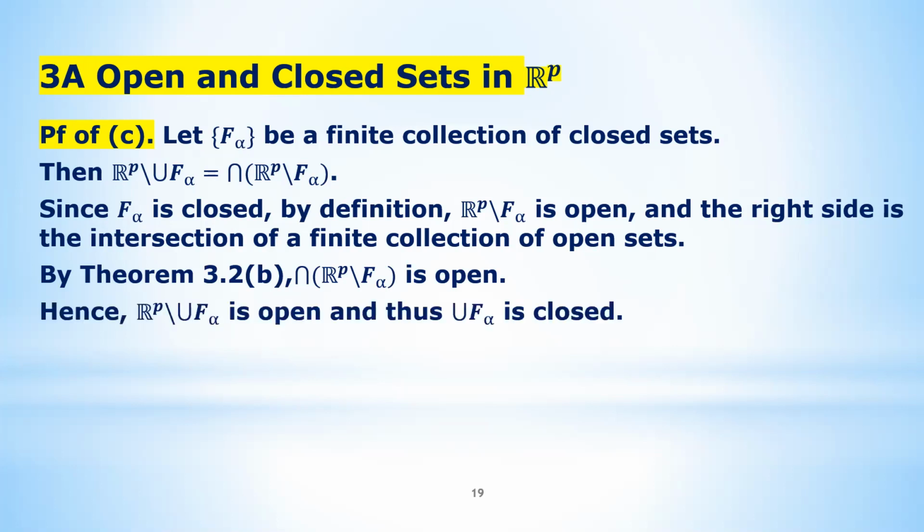So the left side is open. The left side is equal to the complement of the union, so this shows that the union is closed. The argument is based on this identity and the definition. This is the way we proved the closed set property. That's a very simple property.